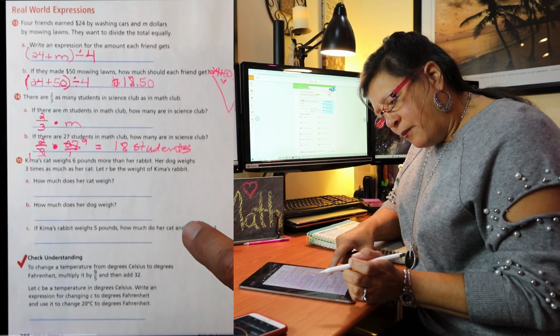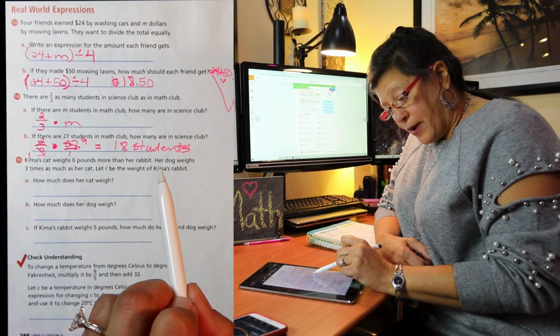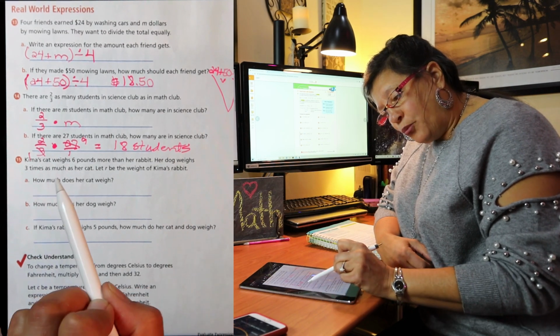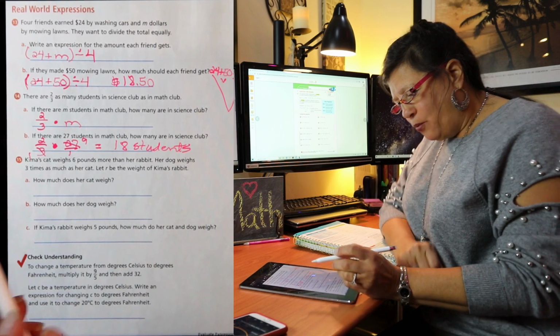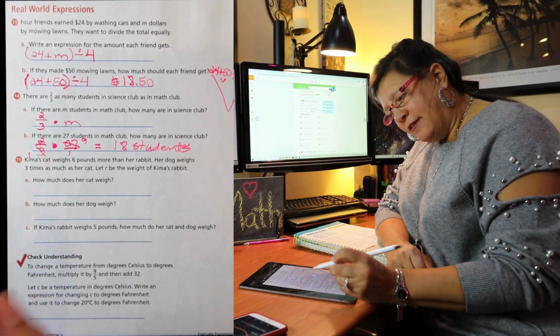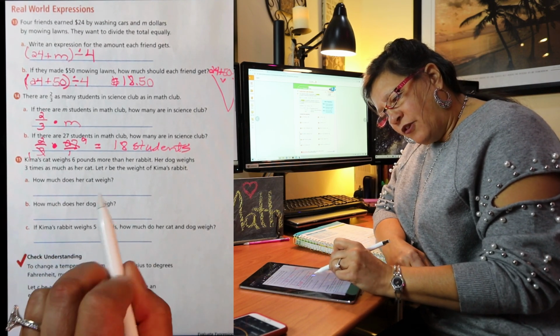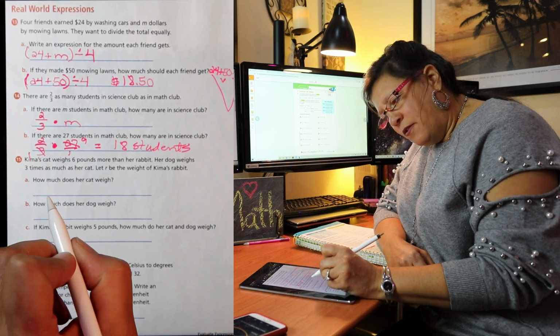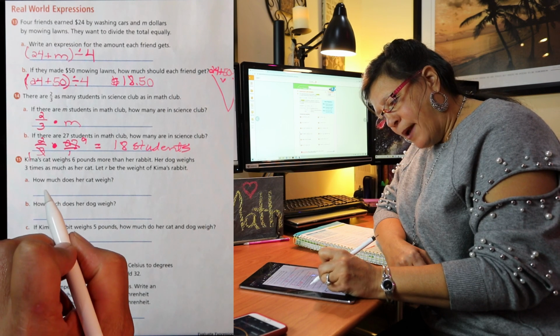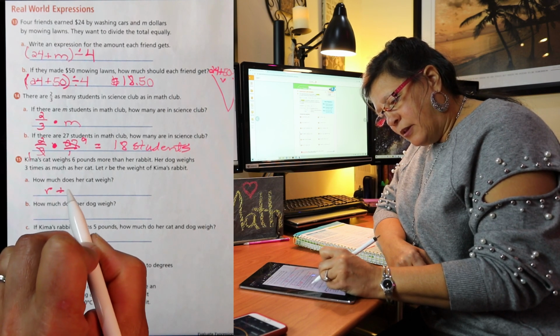15. Kima's cat weighs 6 pounds more than her rabbit. Her dog weighs 3 times as much as her cat. Let R be the weight of Kima's rabbit. Okay, so how much does her cat weigh? Well, we know that it is 6 more pounds than a rabbit, so it's rabbit plus 6.